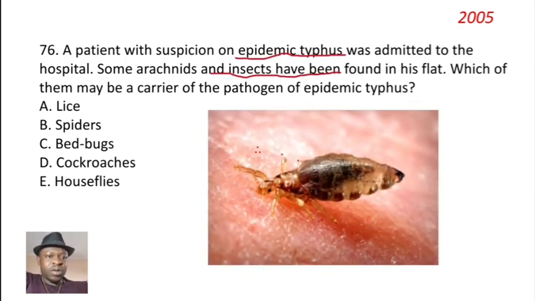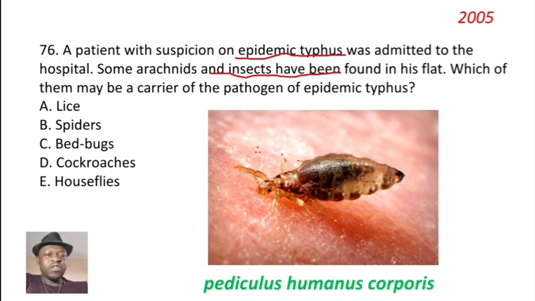Okay, here is just a picture to remind you of this kind of lice. It's louse. The Latin name for this one is Pediculus humanus corporis, because you have three forms.